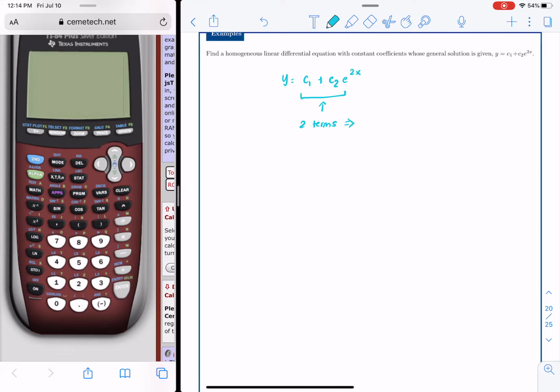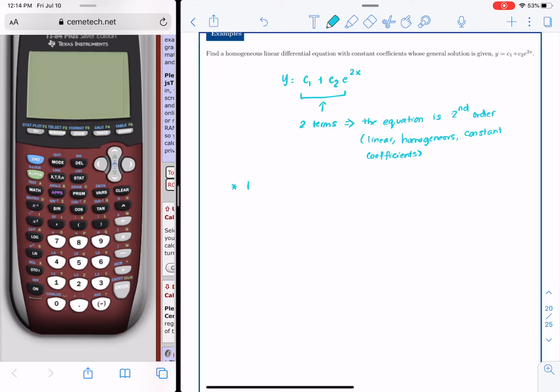That should tell us that the equation is second order. And of course, it is linear, it is homogeneous, and it has constant coefficients. Let's see. So we know if the roots are distinct, so what are the inferences that we can make?